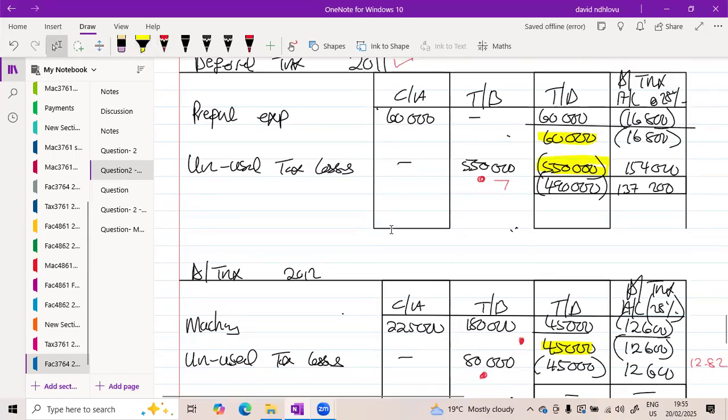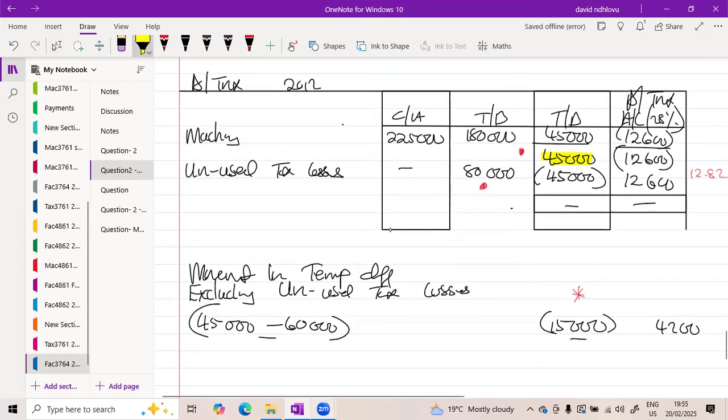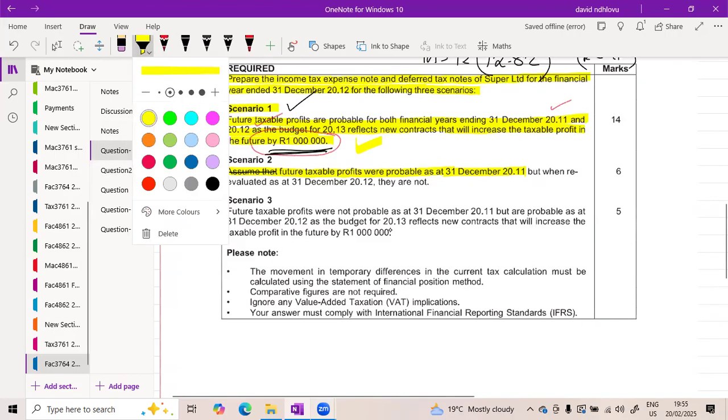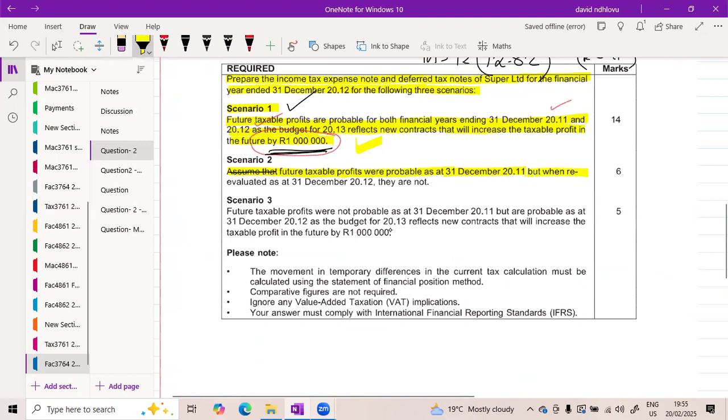Then if we go to 2012, this is what they say. Remember, now we are having this amount. We are saying, what do we do concerning this amount? Then you have got to check the question. Here they said, but when re-evaluated at 31 December 2012, they are not, which means they were not confident that they will raise enough profits to cover that amount.